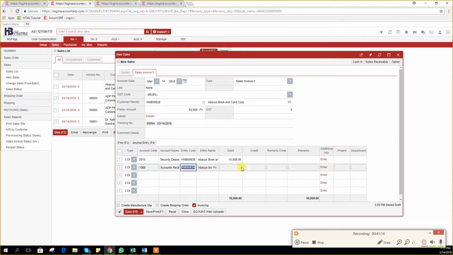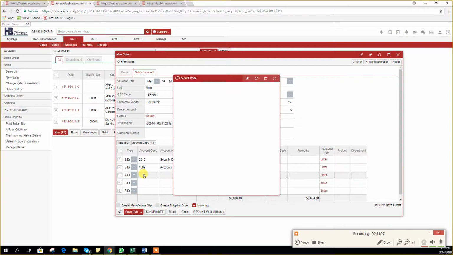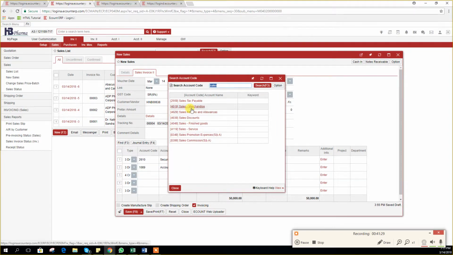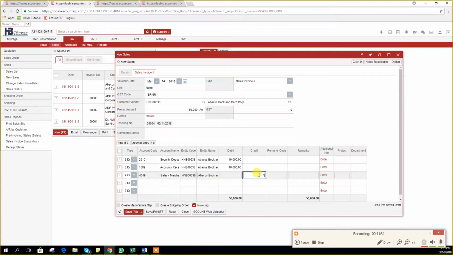Accounts receivables. Now, let's say this one is 40,000. Now, credit which account? Of course, it is sales. All right. Now, that makes sense, right?